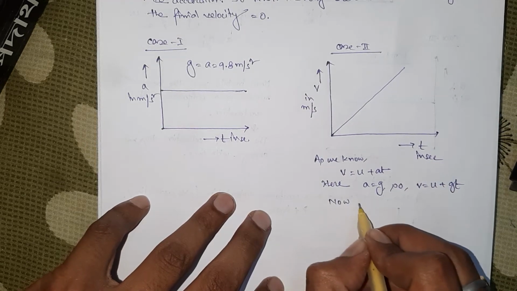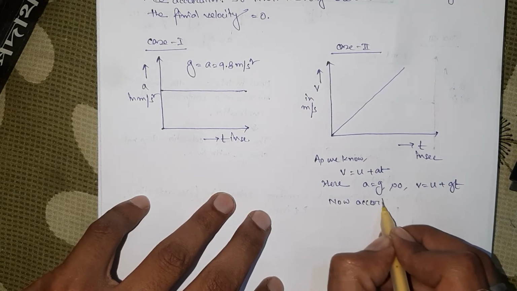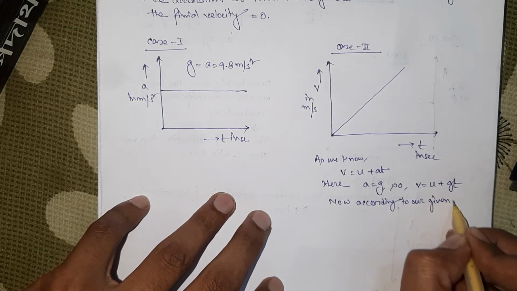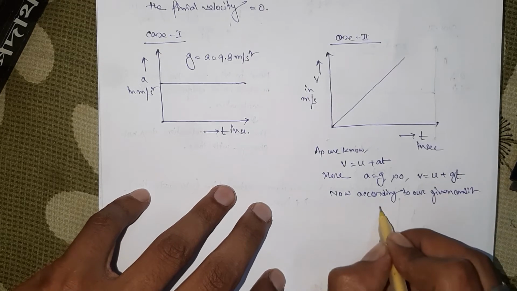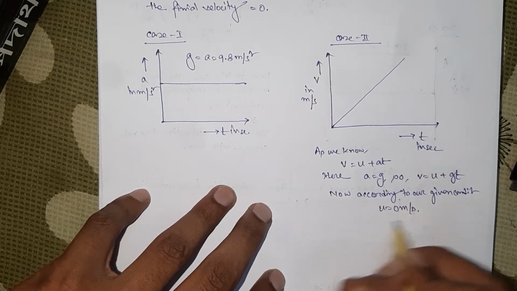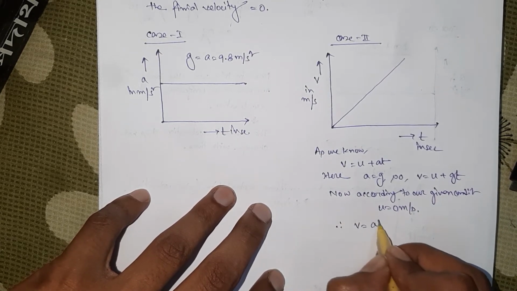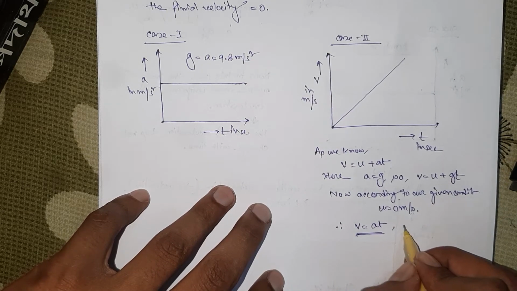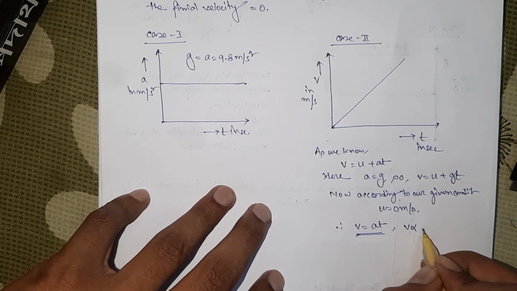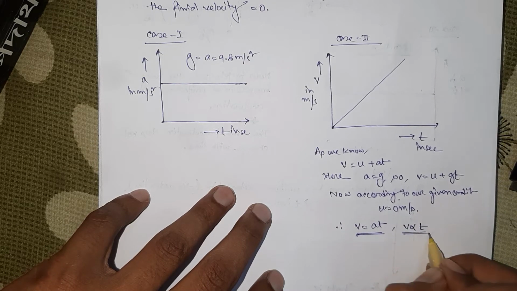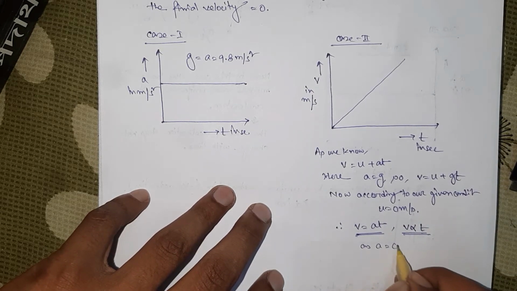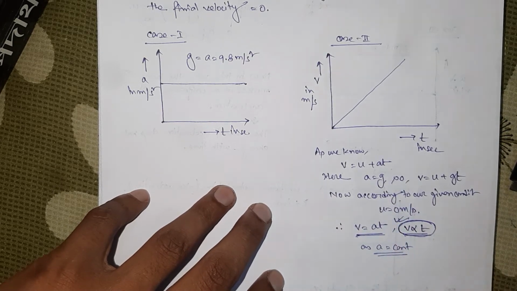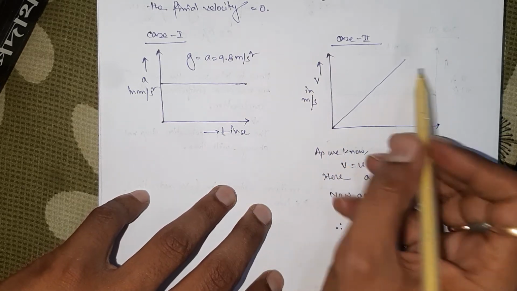Now according to our given condition, u equal to 0 meter per second, or v equal to gt. So from this equation we say that v directly proportional to t, as g is constant. So due to this nature of relation, we see that the graph will be uniform in nature.